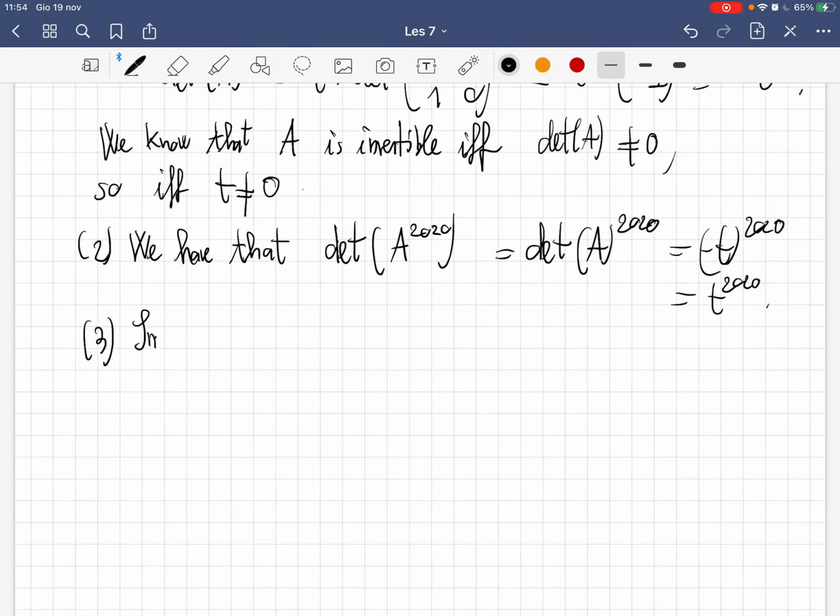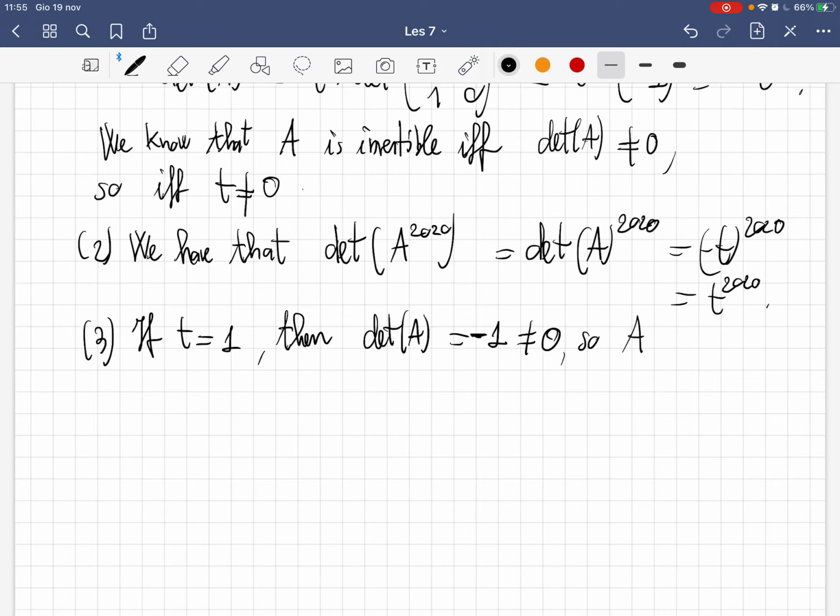Okay, since A is invertible, we know, and this we also know from the theory, we know, sorry, if t is equal to 1, then the determinant of A is equal to minus 1, which is different from 0.